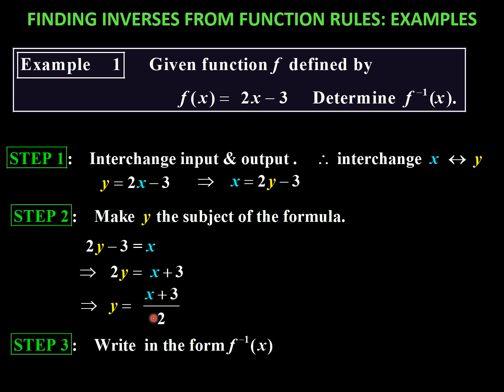And now we can just write it in the required form, the inverse of f of x, and there we have x plus 3 divided by 2. We just compare it to the original. We can see there we have subtract 3, and there we have the opposite, plus 3. There we have multiply by 2, and there we have divide by 2.